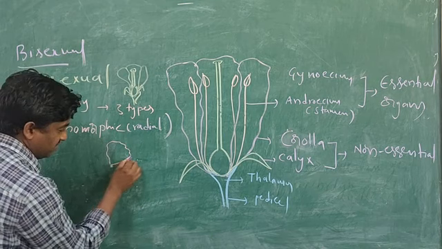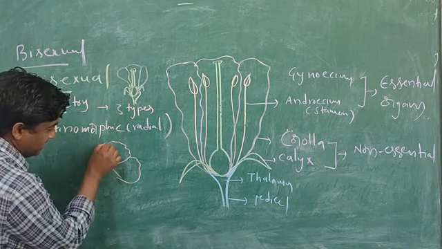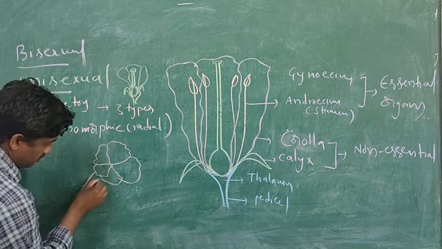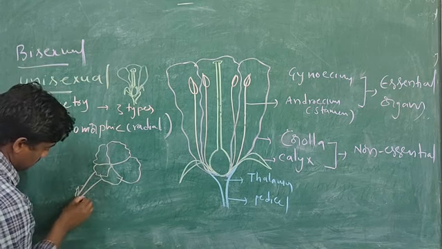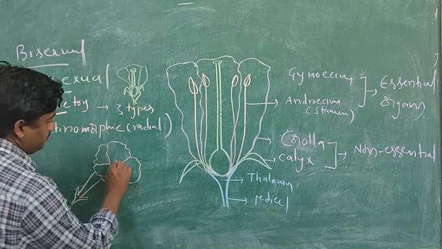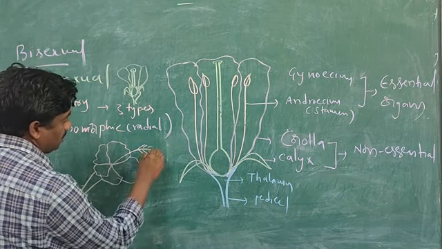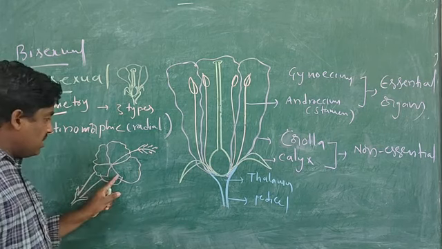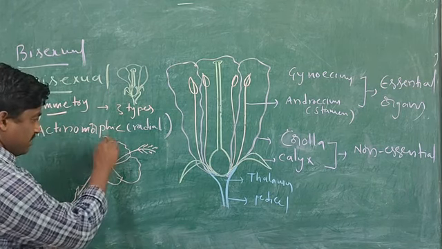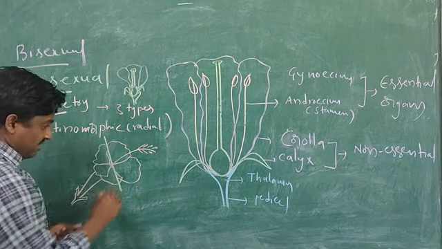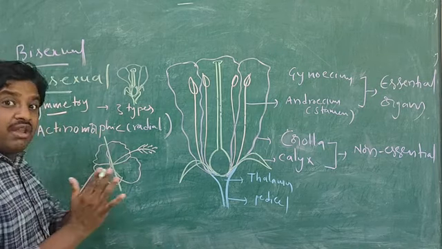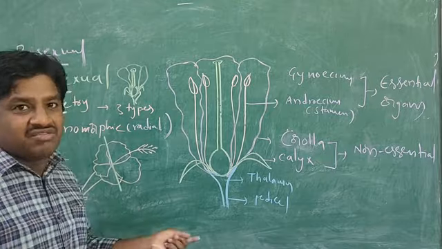Do you know this flower? It is a hibiscus flower. See. Like this, right? This flower you can cut in any plane. That means this plane, passing through the center, it can be divided into 2 equal parts, 2 equal halves.